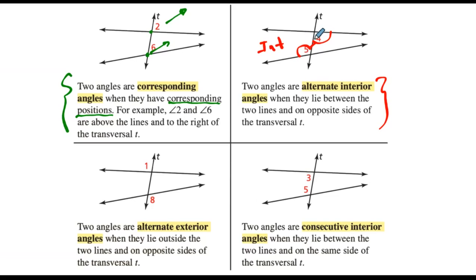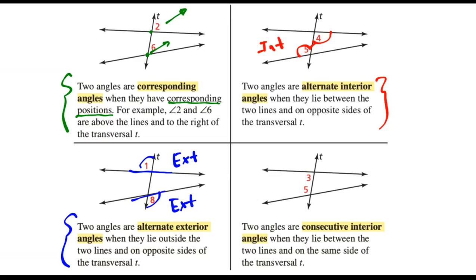If we look at alternate exterior angles, now we're no longer in between the 2 lines, we're outside of the 2 lines, that's the exterior, and we're alternating what side of the transversal we're on, and also which of the 2 lines we're adjacent to. So it's alternating lines and transversal again.